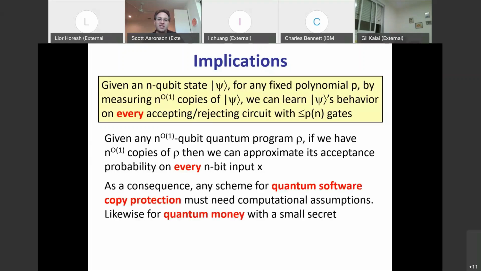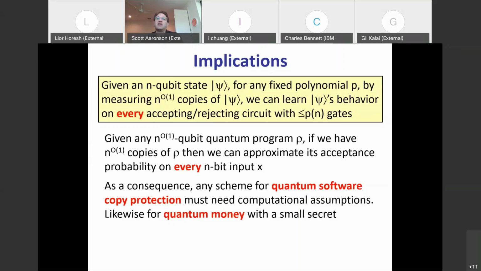Which means that any scheme for copy-protecting quantum software, to whatever extent that is possible at all, will have to rely on computational assumptions. It cannot just be information theoretic. We get a similar implication about quantum money.